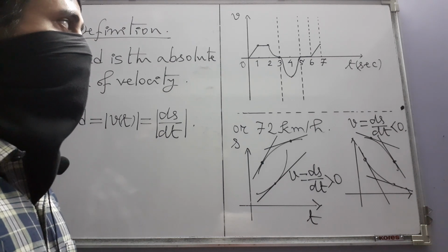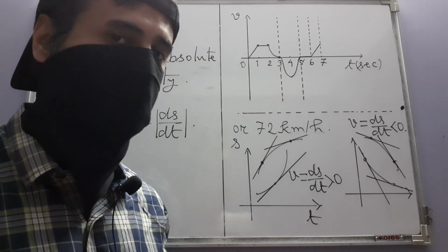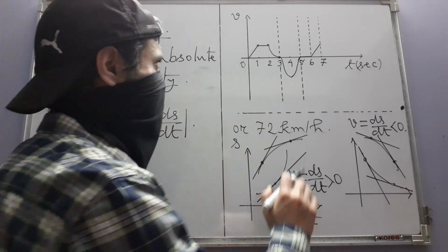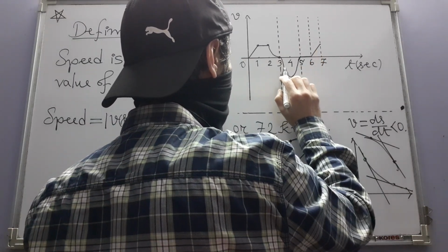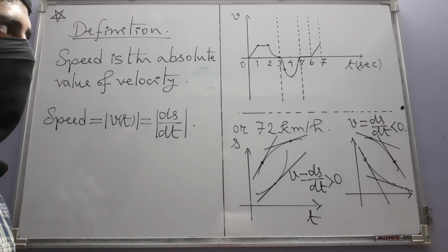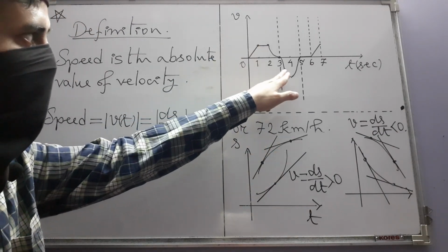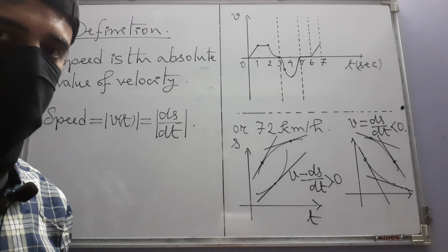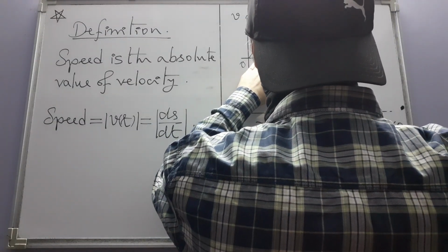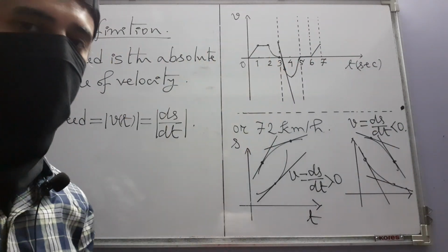Now, here also one can think of tangents to this curve. For example, one can think of the slope this curve has at this point, at this instant. And this is the instantaneous rate at which velocity is changing with respect to time. It will be the slope of the tangent to this curve at that point.